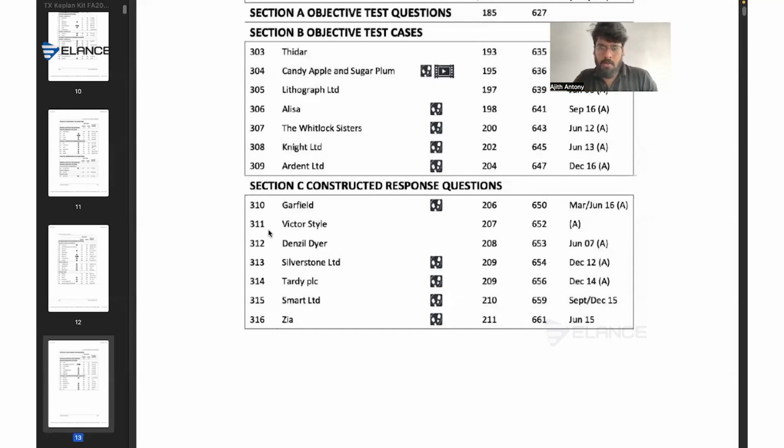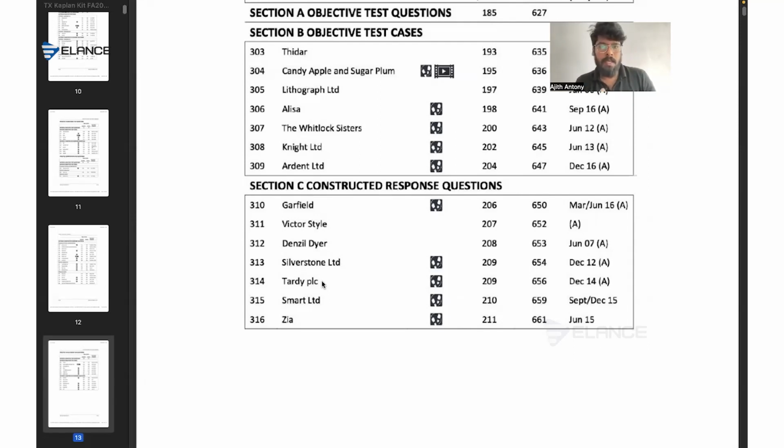In your TX paper examination, the most probable chance is that VAT will be tested in section B. That is not a confirmed thing, it is a probability.